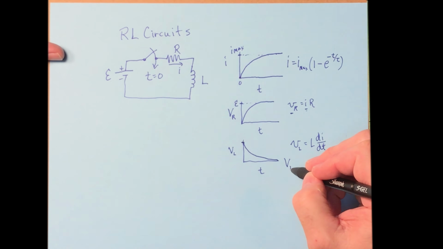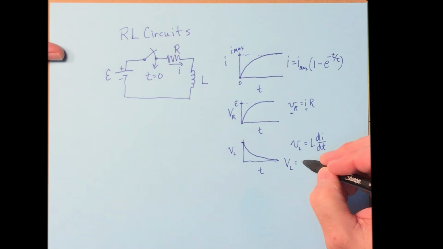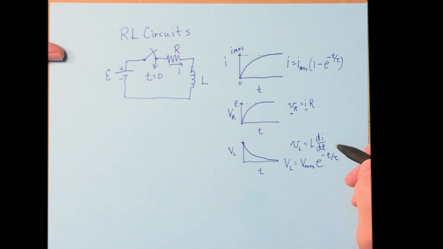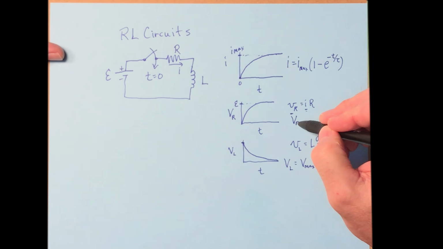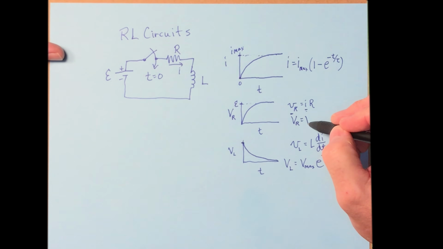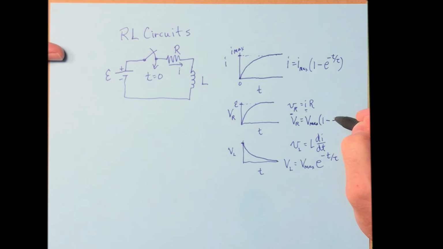That equation looks like V sub L is going to be some V max times e to the negative t over tau. And V sub R is going to be some V max times 1 minus e to the negative t over tau.